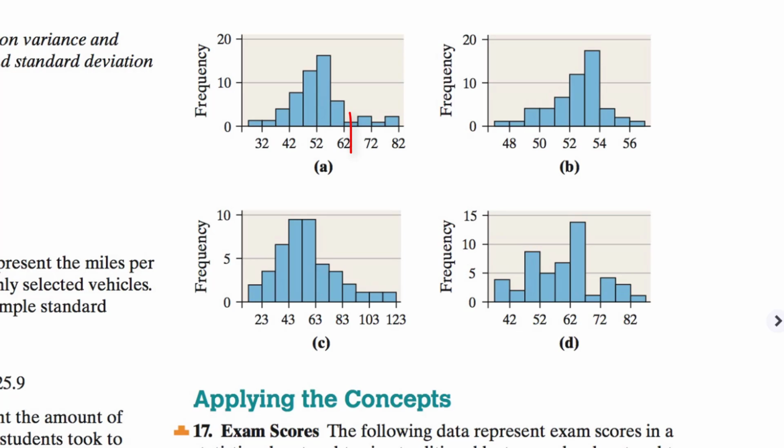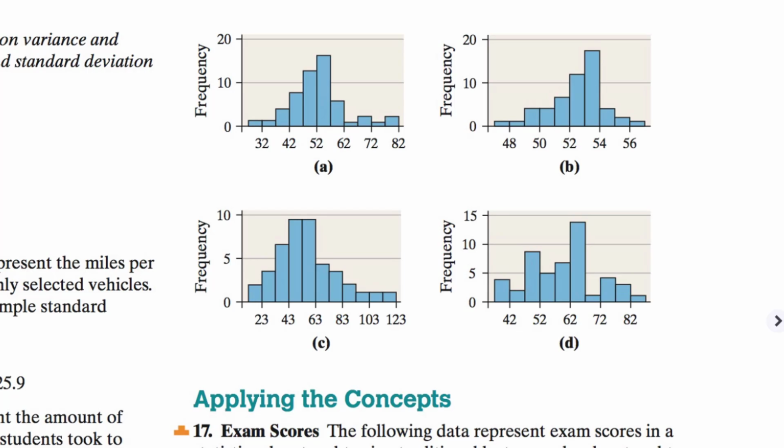The distance from 82 to 72 is 10 units, and that covers 2 classes. So 10 units divided by 2 classes tells you that the class width is 5. For this distribution, 32 minus 5 takes you down to 27 for the first class, and so the range here goes from 27 to 82.